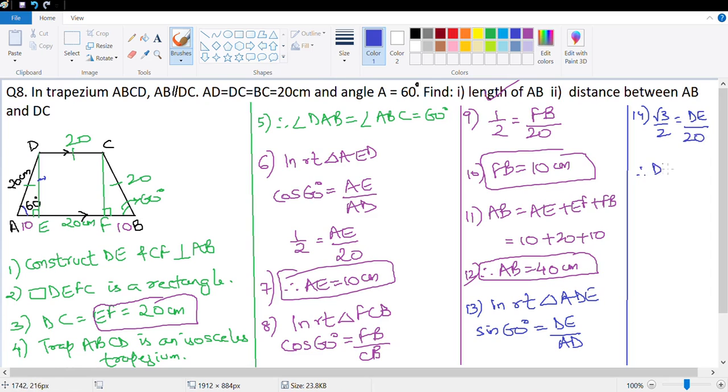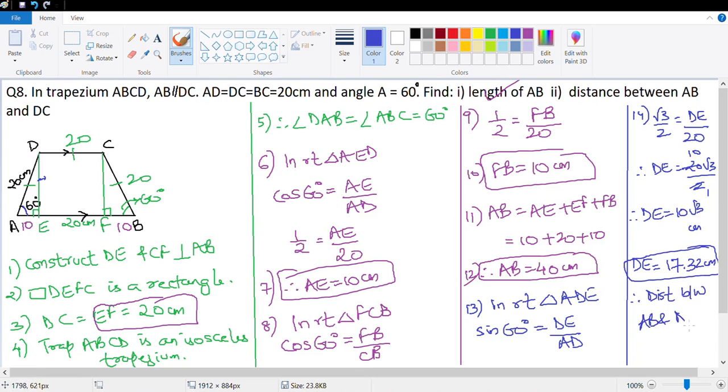Therefore, DE is equal to 20 root 3 upon 2. That's 10 root 3. Therefore, DE is equal to 10 root 3 centimeter, or in decimal form, 17.32 centimeter. Therefore, distance between AB and DC is 17.32 centimeter. Done. Let's look at the next question.